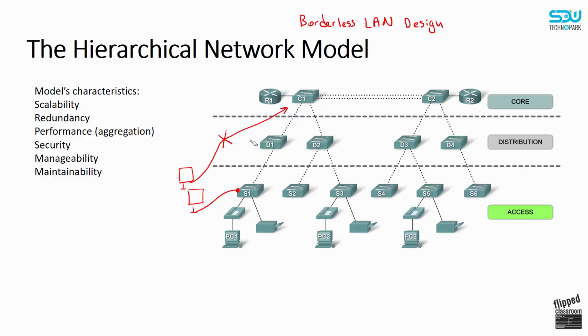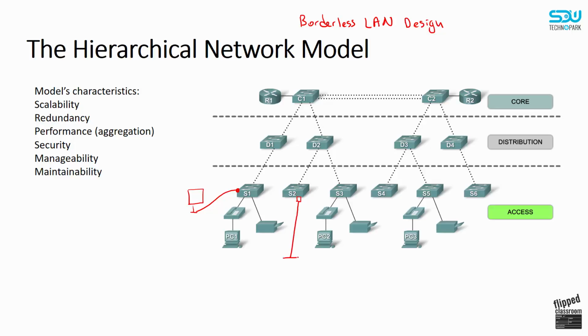In this model, we have role of the switches who are giving access. This kind of switches are called access layer switches. Access layer switches provide the security. If someone wants to have connectivity to the network, that person will be able to be connected only to one of the ports of the access layer switch.